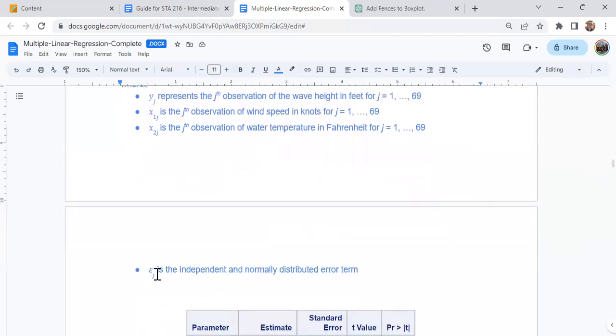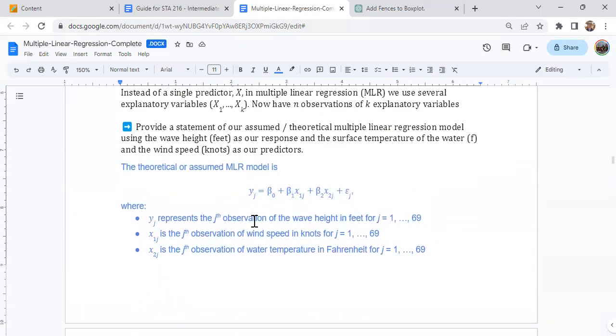And notice we still have the epsilon term in the assumed or theoretical model as well, but we don't have an epsilon in the estimated regression equation.